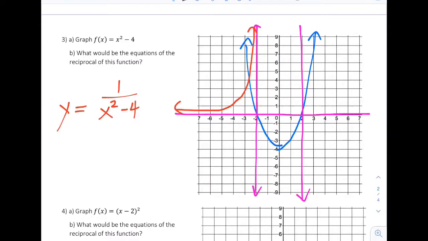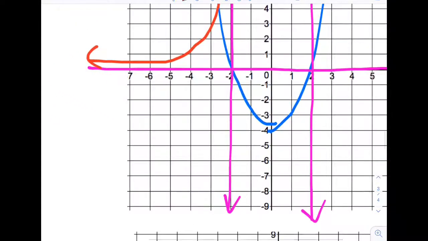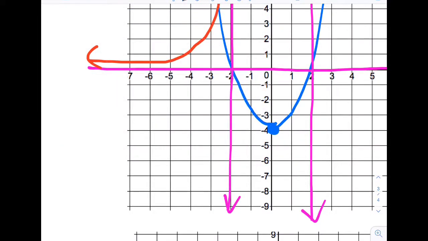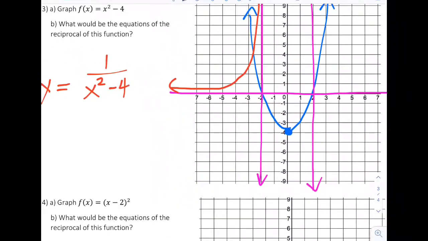For 2 over here, a little bit more difficult. One thing that we do know about the quadratic that we have here is it has a minimum at a y value of -4. So if our reciprocal graph has a maximum at that same point where x is 0, along this axis we're going to have our maximum, but what number will we have?